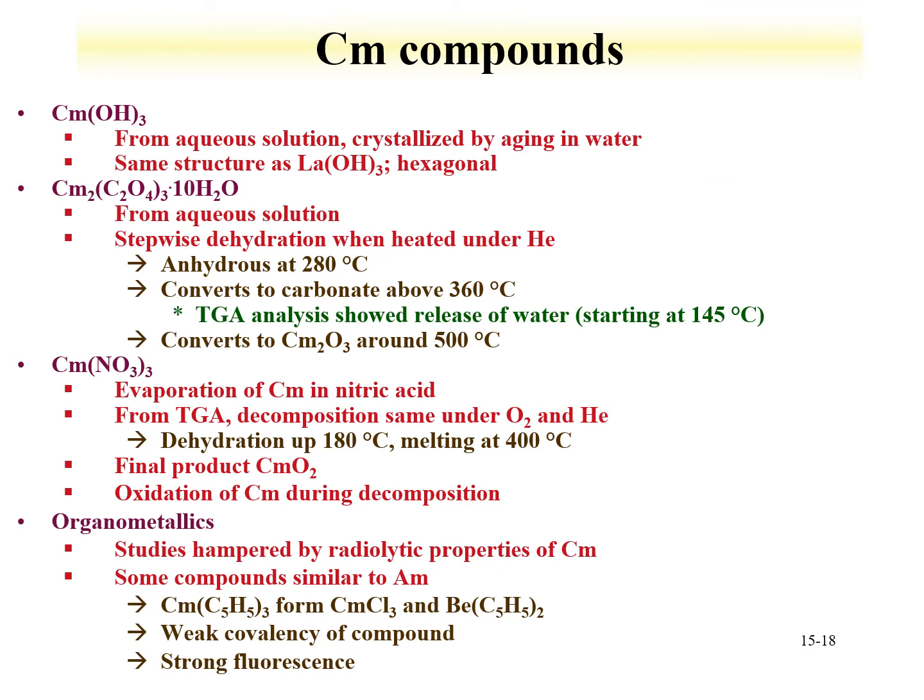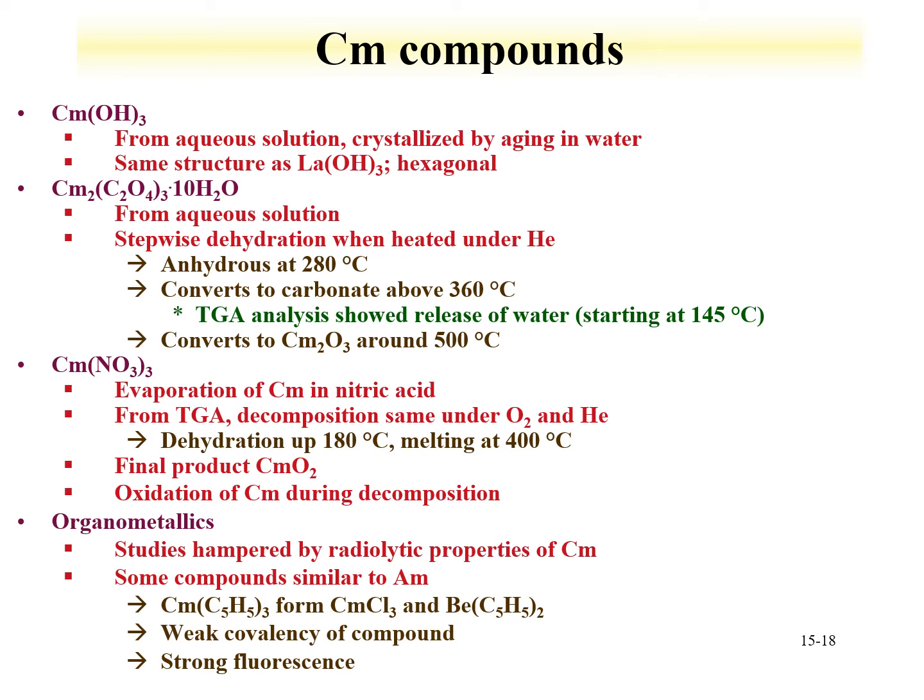Other curium compounds include curium-3 hydroxide, which is just precipitation from solution, and it can crystallize by aging in water and has the same structure as lanthanum trihydroxide. Curium oxalate can be prepared from aqueous solutions, and there's stepwise removal of the water under helium, and the system can become anhydrous, with removal of all the water, close to 300 degrees.